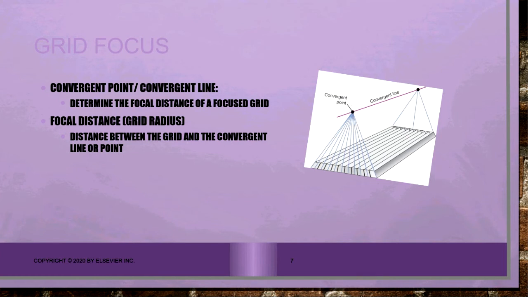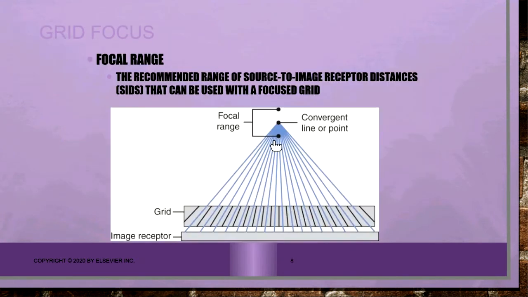Now, how does that play a part in determining our focal distance? When you have that convergent line or convergent point, it tells you that you can determine the focal range, meaning that if you are in this range slightly below the convergent line or point and slightly above, you are still going to match the divergence of the beam, making this grid good to utilize, meaning that it would still allow transmitted photons through if you stay within this focal range.